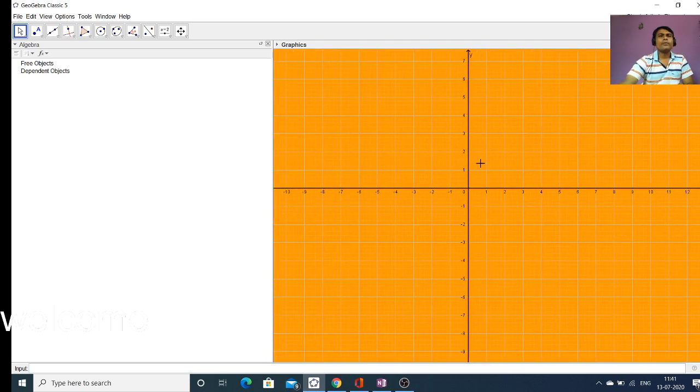Here is the graphical view of GeoGebra, and this is the algebraic view of GeoGebra.